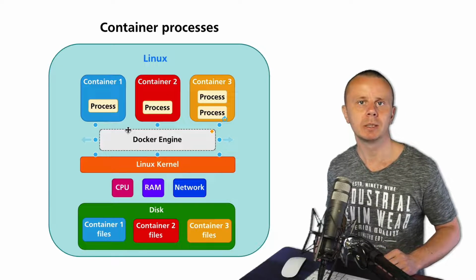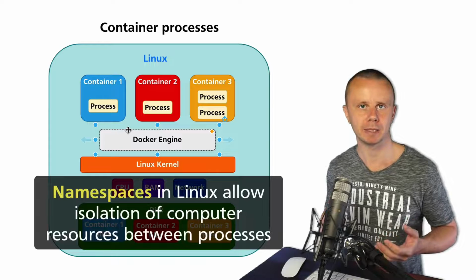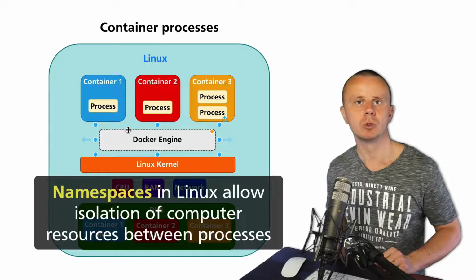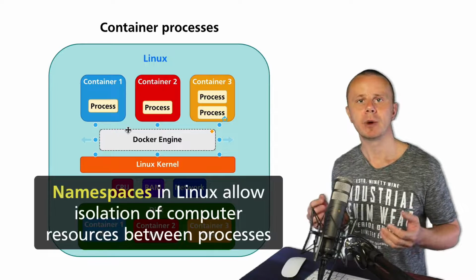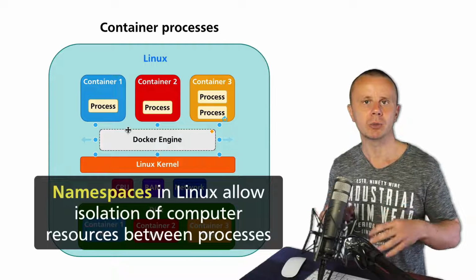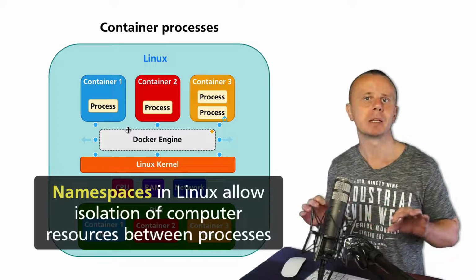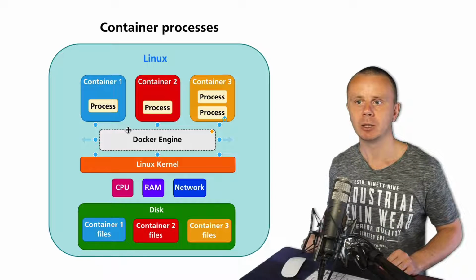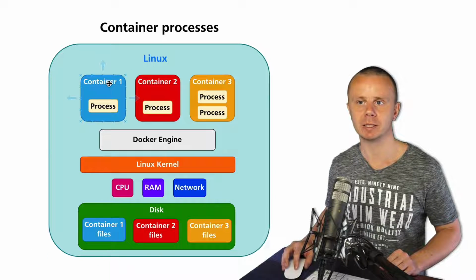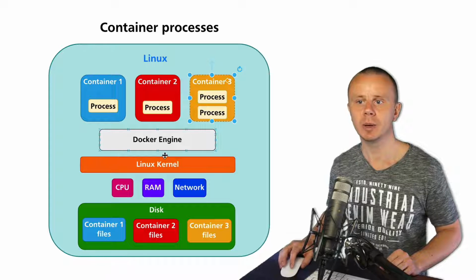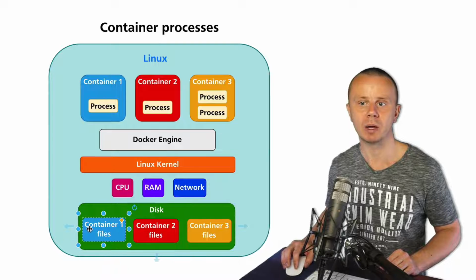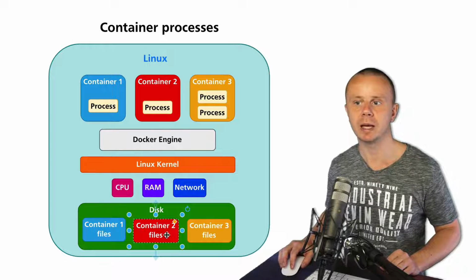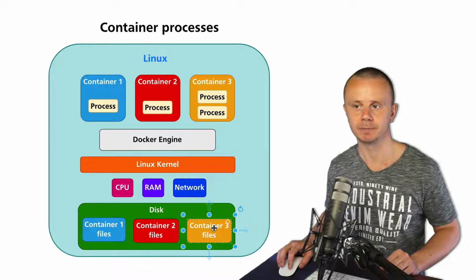And it's possible in Linux due to namespacing. Namespacing allows you to create separate users, separate processes, and separate spaces on the hard drive that will be completely independent from each other. On this diagram you see that every container has a separate space on the hard drive, and there are separate container 1 files, container 2 files, and container 3 files.